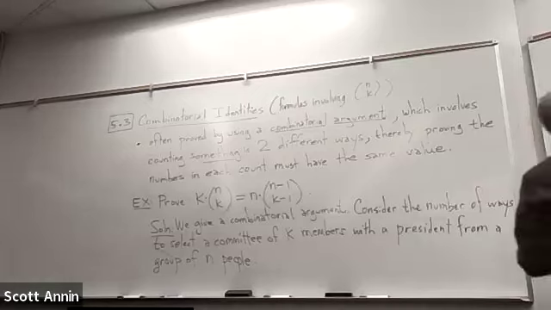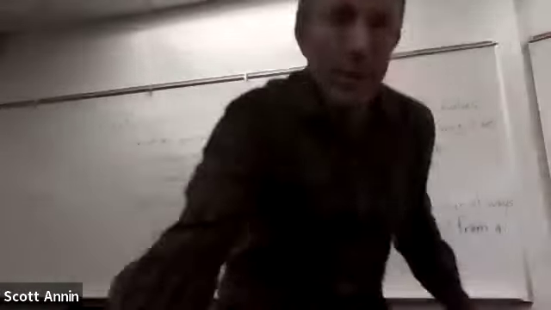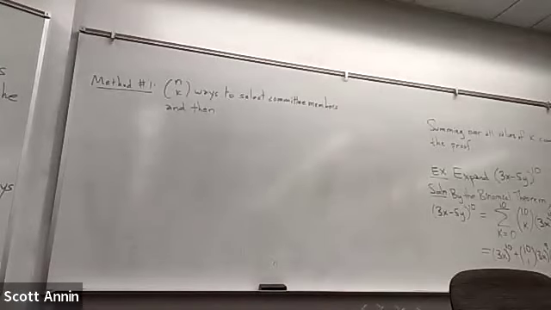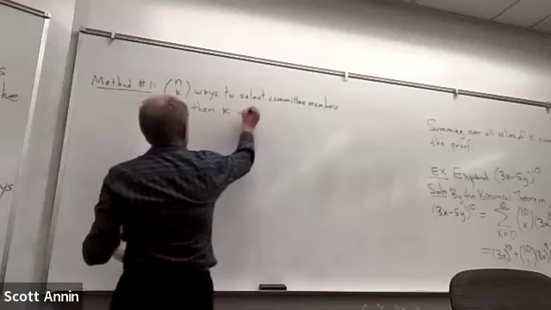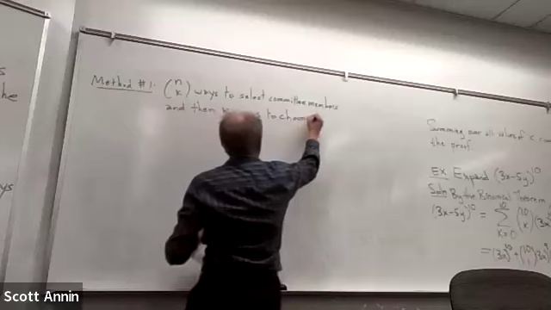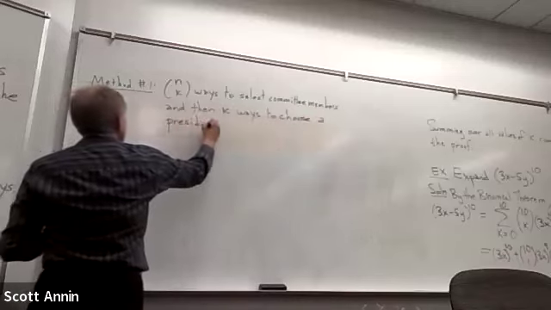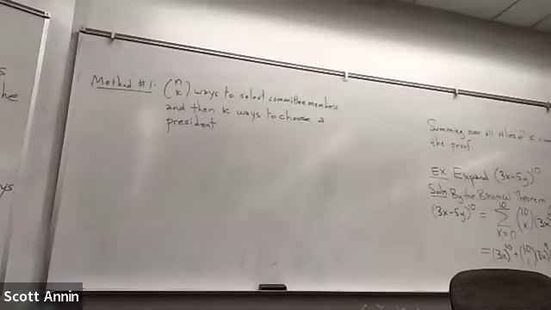And then after you have those committee members, I do apologize, there's a fair bit of writing. You have to tell a story, right? Select committee members and then K ways to choose a president of the committee, and the president would be one of the K committee members, right?